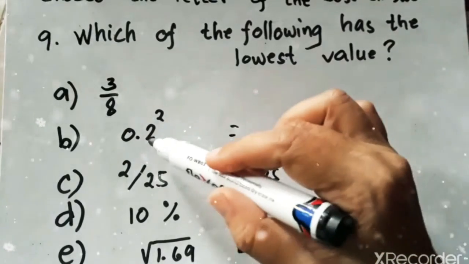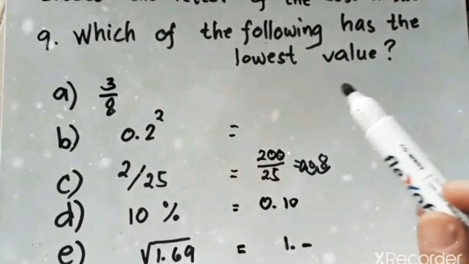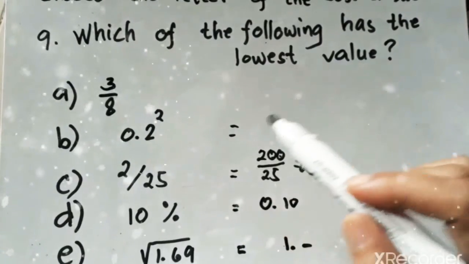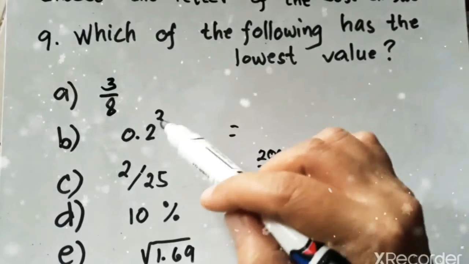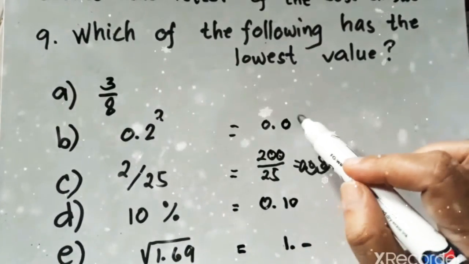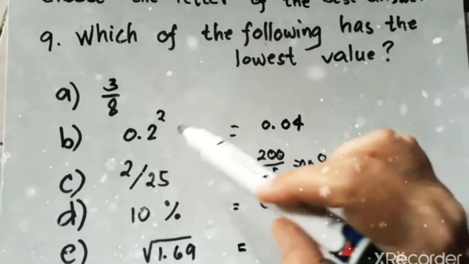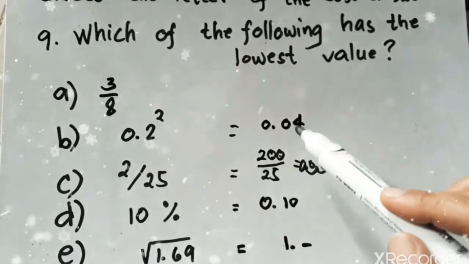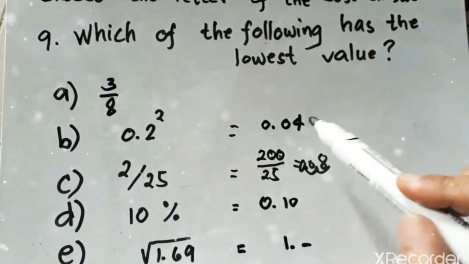Now, 0.2 times 0.2, since that's 0.2 squared, so 2 times 2 is 4, but you have 2 decimal places in total. So your answer is 0.04. Since 2 times 2 is 4, but then you have 2 decimal places, so that makes 0.04.